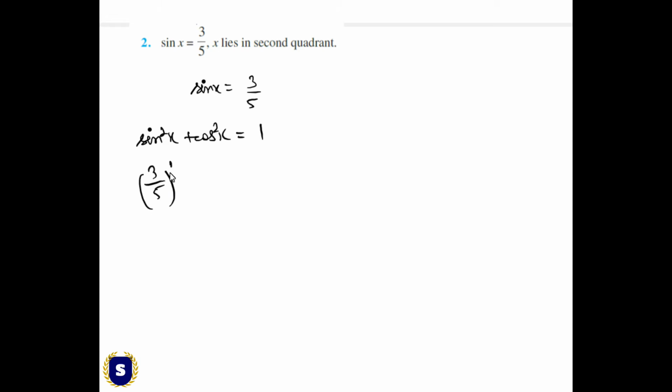So a similar question we have, but a different value. Here we are given sine x is equal to 3 by 5. You can use the same identity here. Sine square x plus cos square x is equal to 1. So we will put the value of sine x here and try to find the value of cos x.